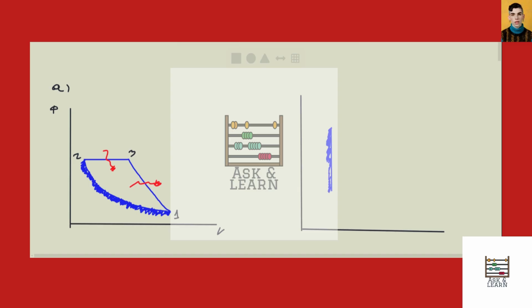Okay. So this is point 1. This is point 2. Now the constant pressure is going to be a hyperbole. Let's put it this way, from 2 to 3. And the final one, also a hyperbole, but a little strange one.